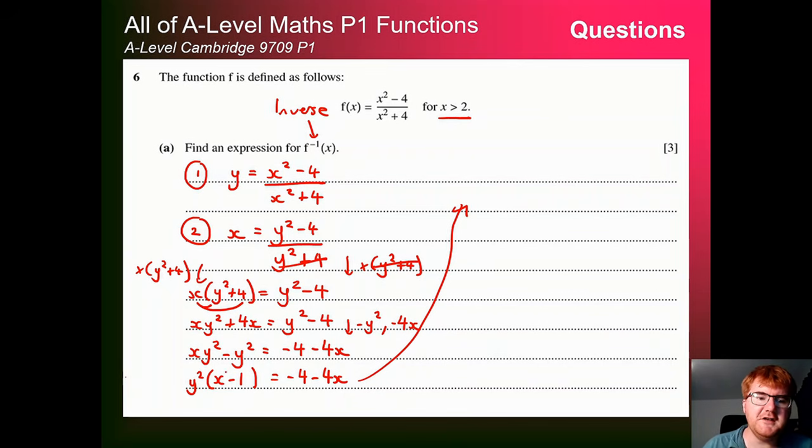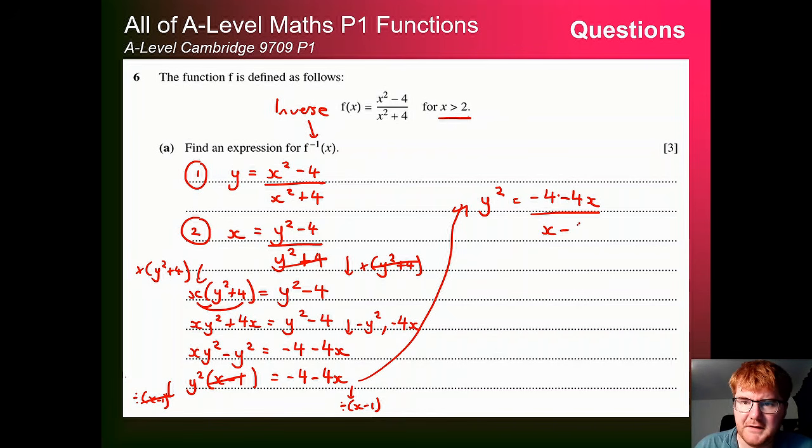And now all we need to do is then divide through by this factor. So we're going to divide by x minus 1 on both sides. That then gives us y squared, so this cancels, is equal to minus 4 minus 4x over x minus 1.